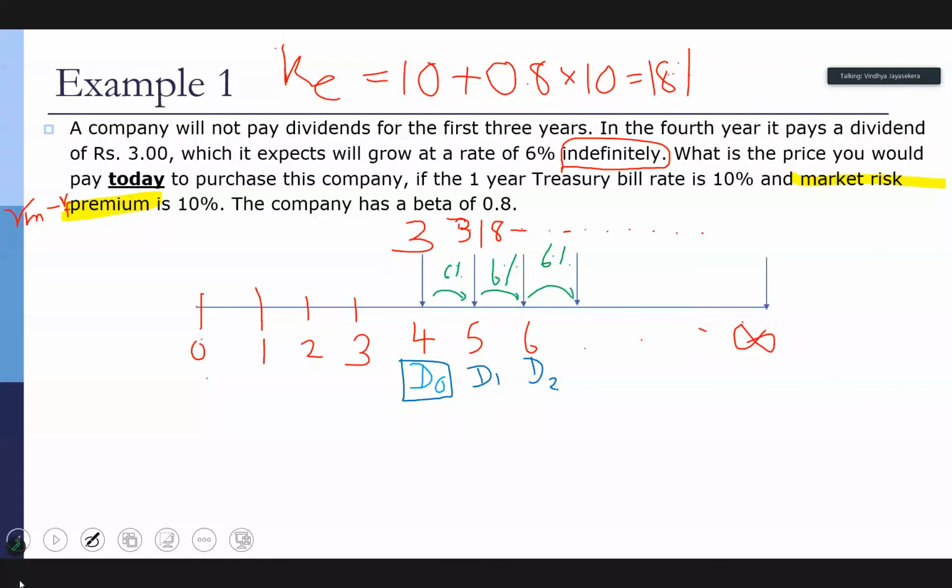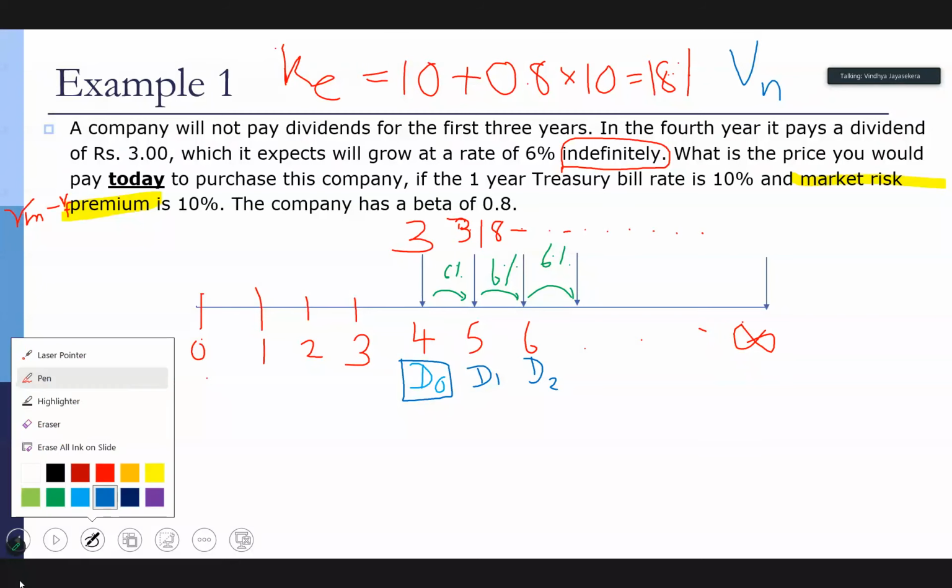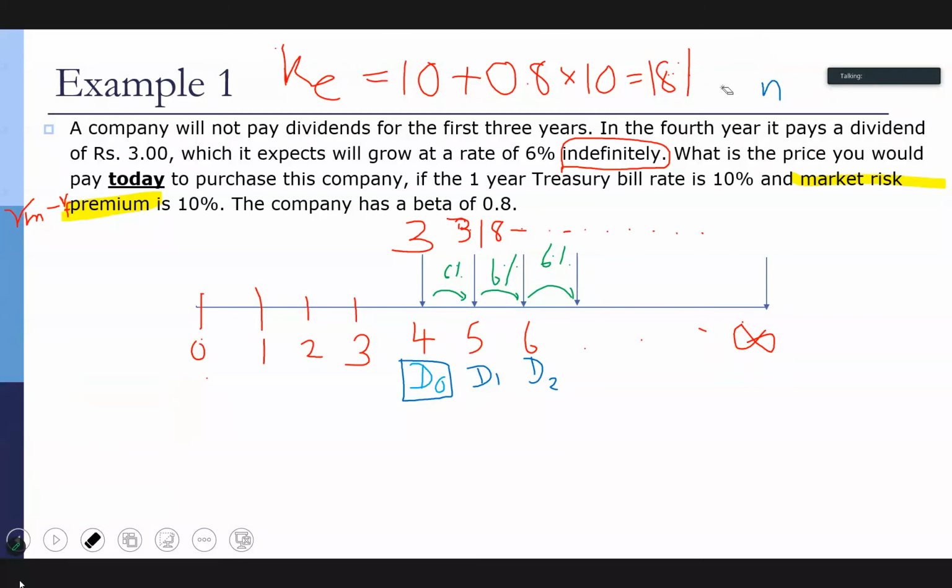So what does my dividend discount model say? My dividend discount model says the value of my dividends, the present value of my dividends, I call it the price. The price of my share in any year is equal to next year's dividends divided by R minus G. This is correct, right?